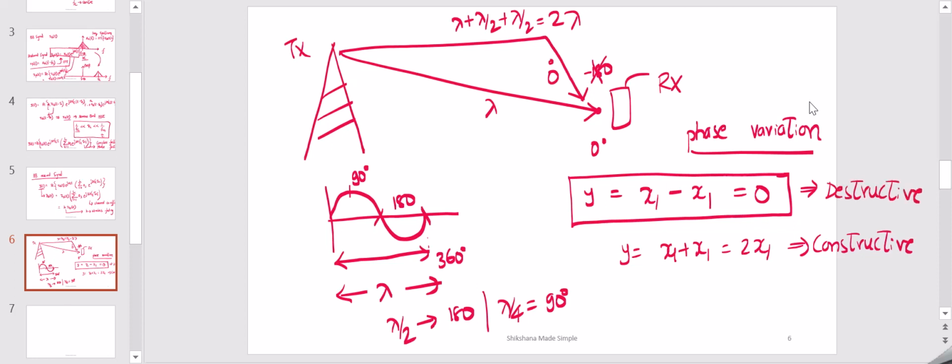Now, due to this phenomenon of phase change at the receiver, the received signal will undergo either constructive interference or destructive interference. There can be partial constructive, there can be partial destructive.